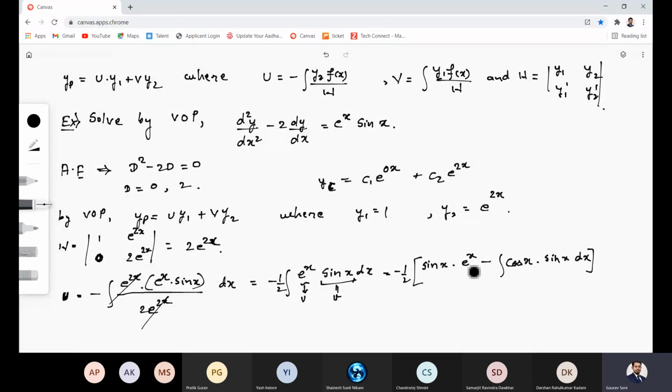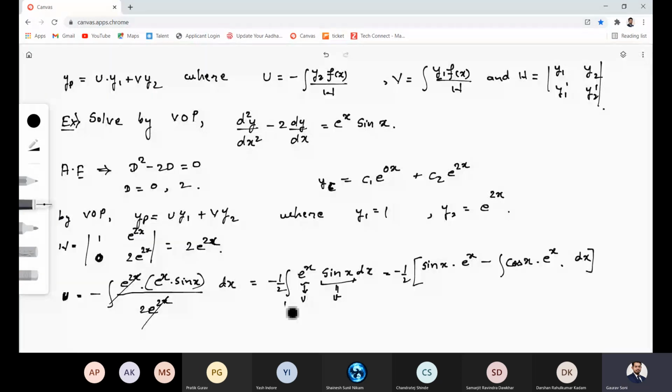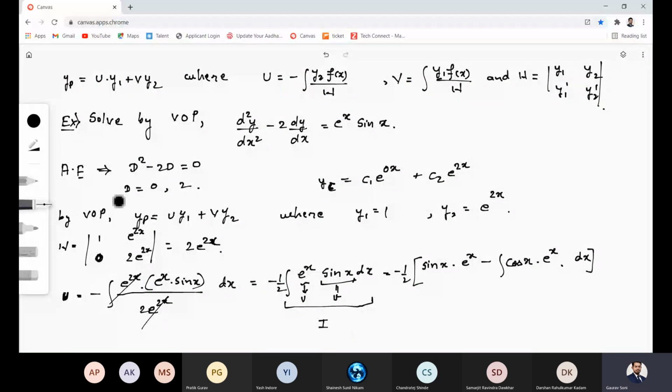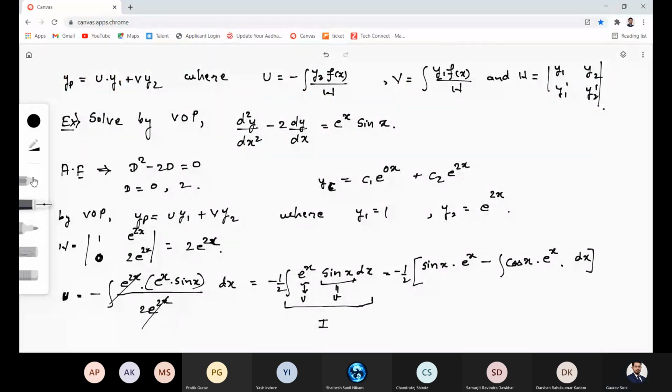U integration of V minus integration derivative of U, and integration of V is e to the power x. Okay, so I'm calling this I. I'll solve it somewhere else and I'll come back here.